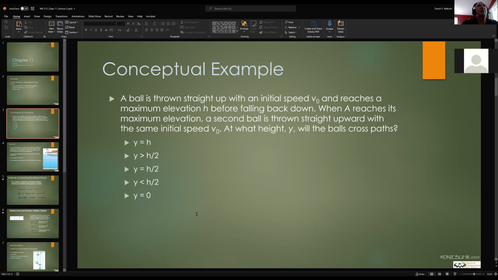The second ball gets to half the height quicker. Therefore, we're going to meet somewhere above h/2. I probably could have said that in fewer words, but does that make sense to everybody? The ball is going to fall slowly, whereas the other ball is going to go fast, and they're going to meet somewhere past h over 2.